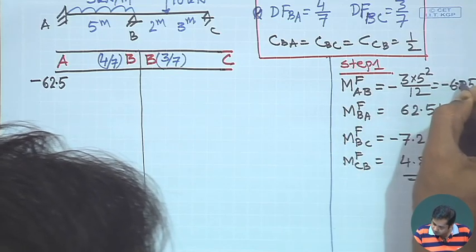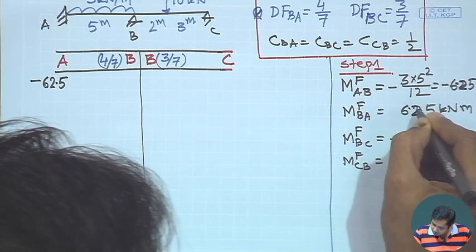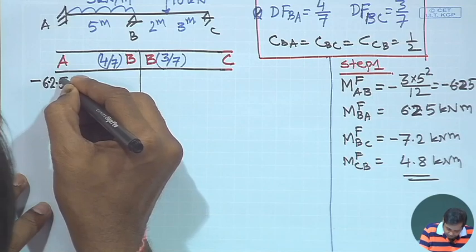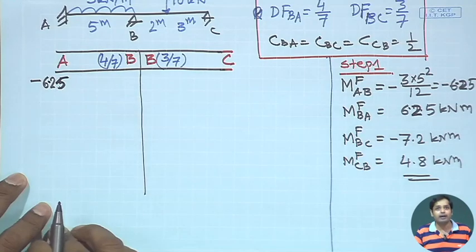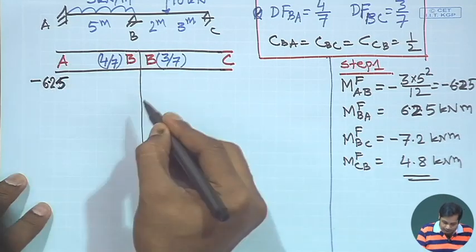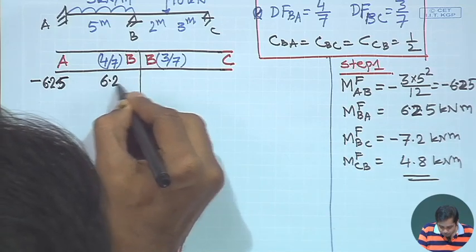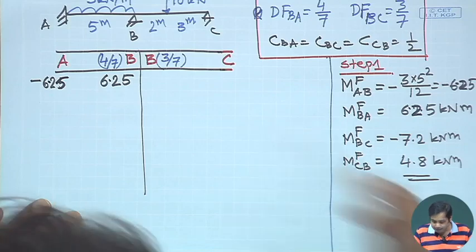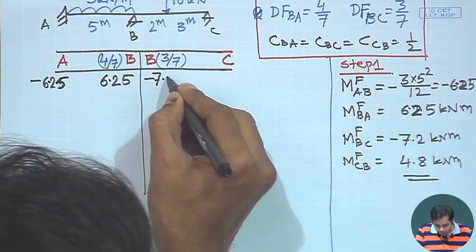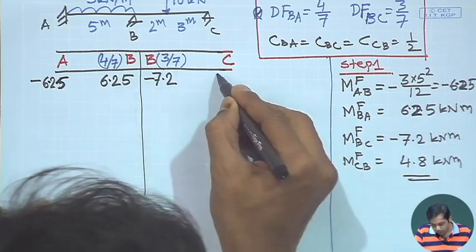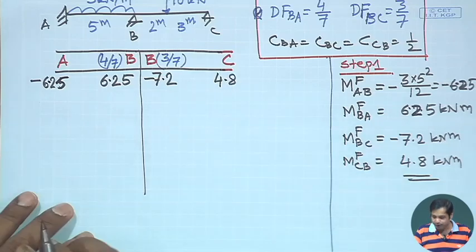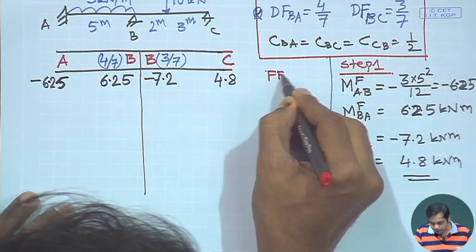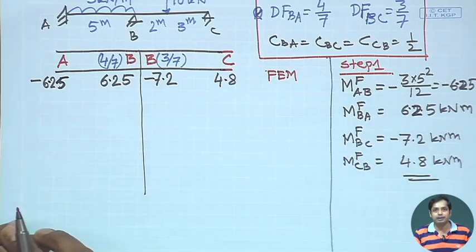This is minus and this is plus. Then this is minus 7.2, and this is 4.8. So these are all the fixed end moments, which is step 1.